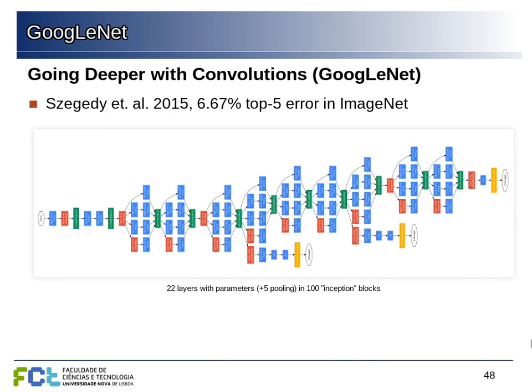This is GoogLeNet. You see here these convolutional layers, some of them in parallel and then concatenated. These are the inception blocks. But you can see you have a huge number of layers and a much more complex architecture, including the trick of having several output regions in the middle of the network to try to improve the propagation of error.